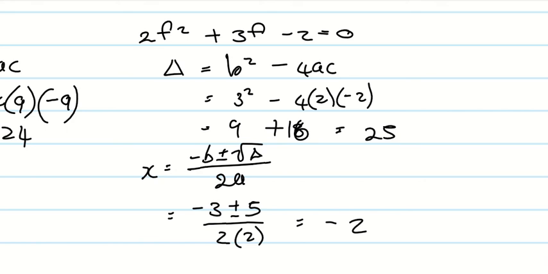It's going to be positive 1. Huh? Negative 1. The answer is 2 over 4. No, the answer is 2, so half. Half. Alright, so my answer is negative 2 and negative half.